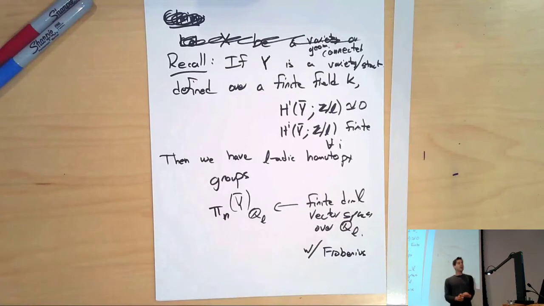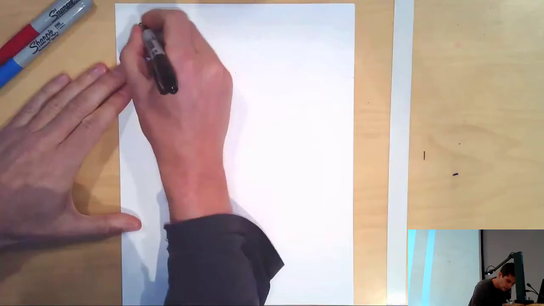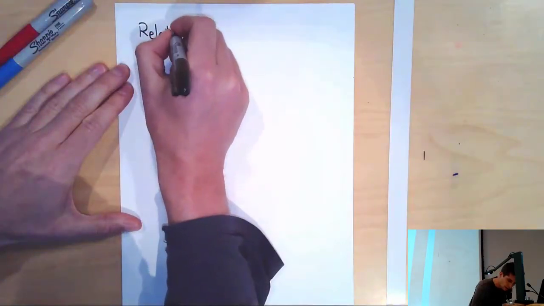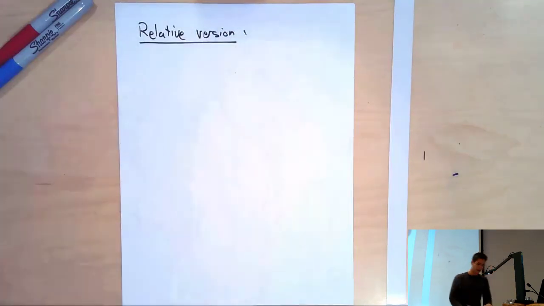So this is the story that I told in the previous lecture, and what I would like to do now is a relative version of this. I want to think about this not for a single variety Y, but I want to imagine that I have a family of Y's parametrized by some other variety X. So here's the relative version that I would like to contemplate.